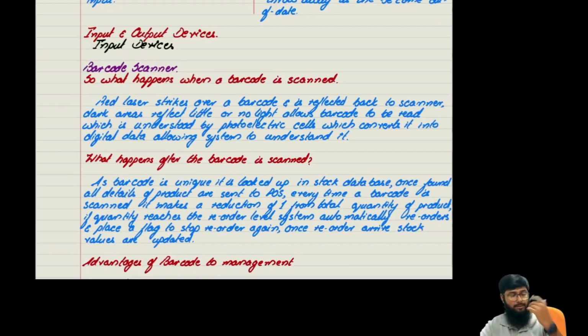You are in some shopping area or supermarket, and you have purchased a few products there. How is the barcode placed on the product beneficial? First of all, how is it read, and then how is it beneficial? As soon as the barcode is scanned, remember that each and every barcode is unique.